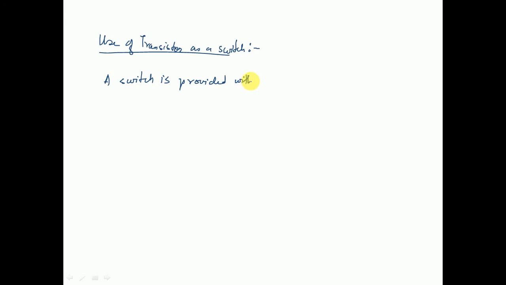Please give the heading: use of transistor as a switch. Please write down: a switch is provided with biasing.